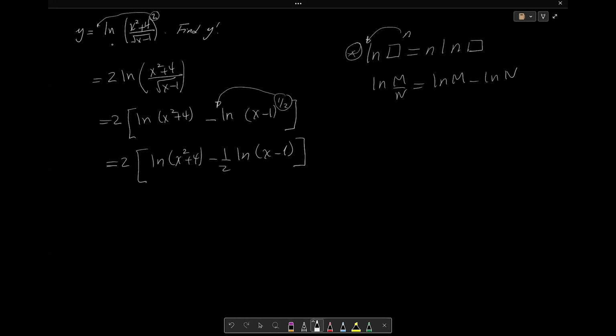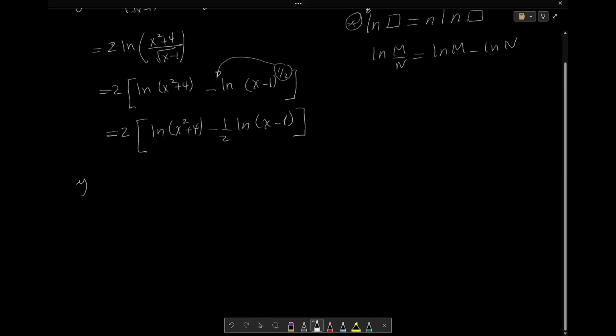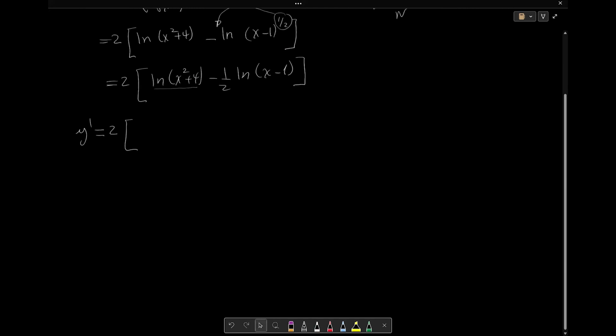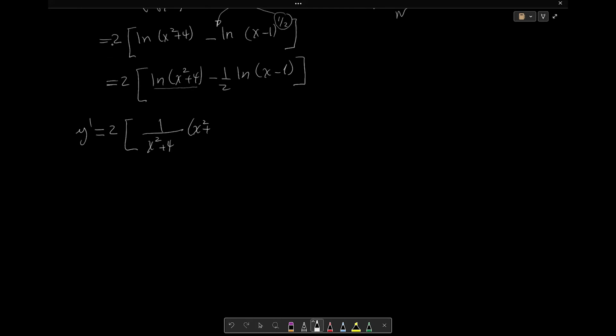And now I've simplified it as much as I could, so I can now take derivatives. So y prime equals 2 comes along for the ride. Derivative of this, it's 1 over x squared plus 4 times the derivative of x squared plus 4, minus 1/2.